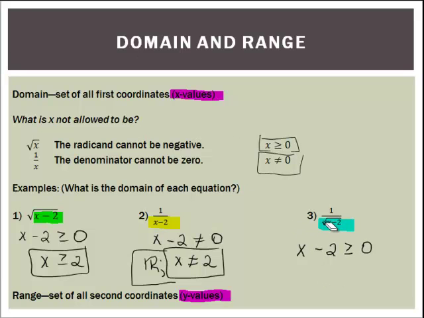However, we know that x minus 2 cannot be 0 because it's in the denominator. So, for that particular problem, x minus 2 must be strictly greater than 0, because it has to satisfy both of these rules. If you add 2 to both sides, x must be greater than 2. It can't be equal to 2, it can't be less than 2, it can only be greater than 2.